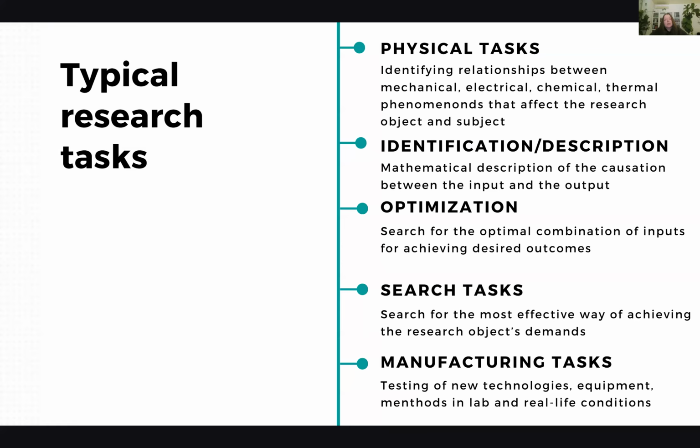Optimization tasks usually require specific optimization calculations, and those calculations help search for the optimal combination of inputs for achieving desired outcomes. So that's, for example, if you have too many factors to test them all, that's when you can run optimization calculation.